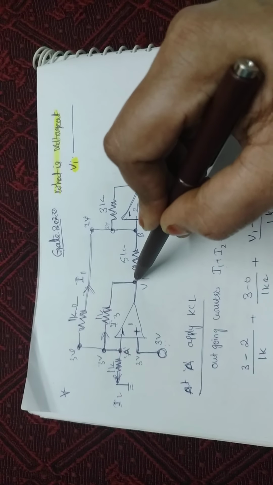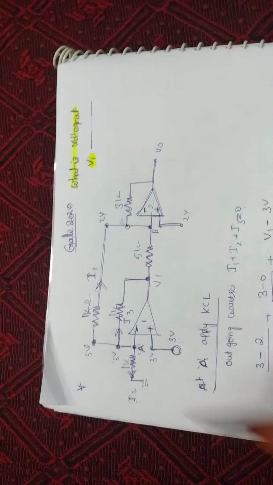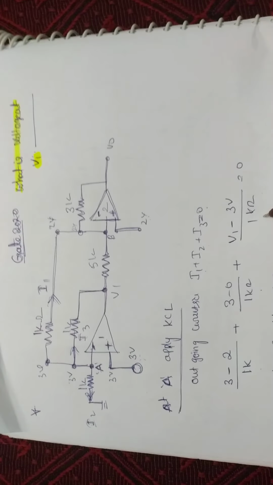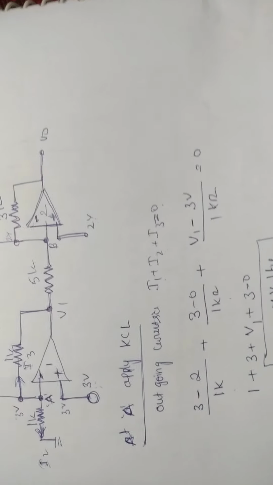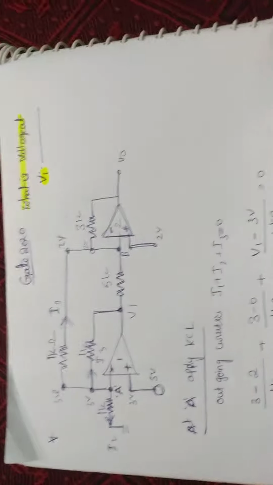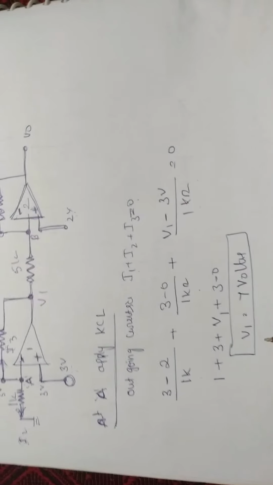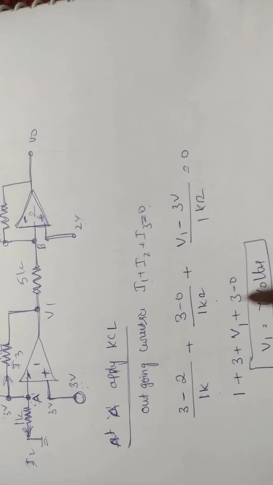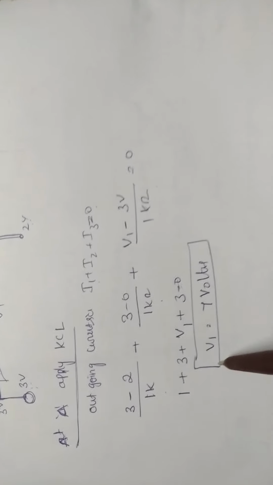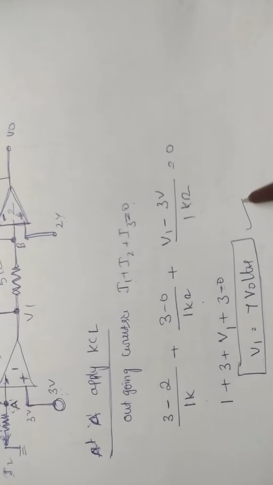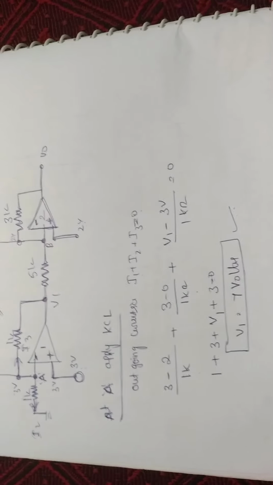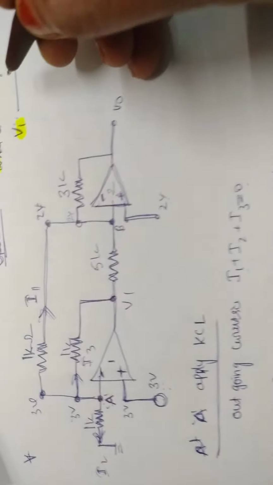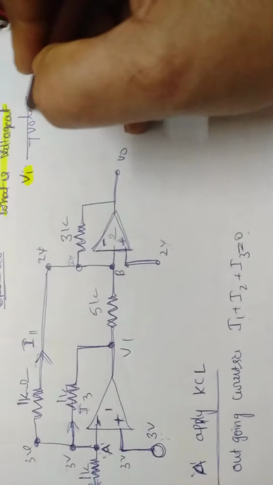It is (V1 minus 3 volts) divided by 1K. Applying KCL at this node, the equation is 1 plus 3 plus V1 minus 3 equal to 0. So what is V1? It is 7 volts. So the right answer for this question is 7 volts.